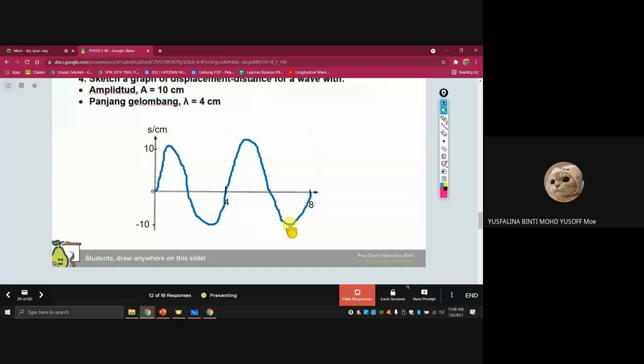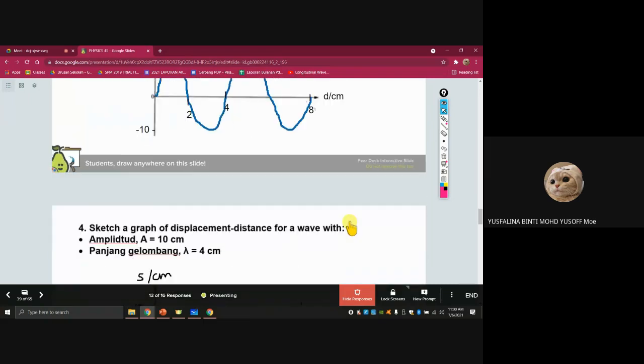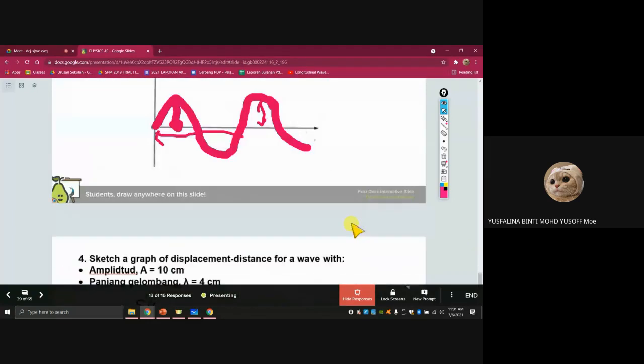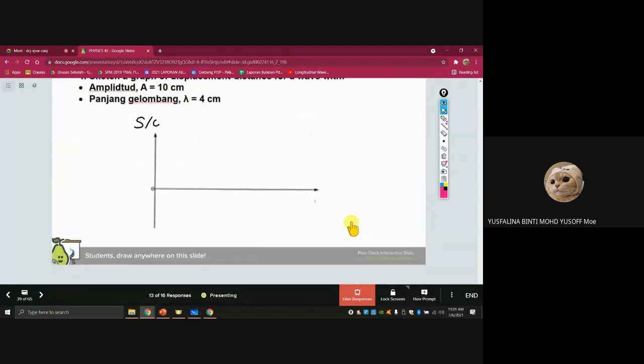You should put the real symbol, because physics has its own symbols. If you put A, if you put X, it is different. In wavelength, S is actually the two consecutive loud sounds for interference. So you should put the correct symbol for each physical quantity. Just don't put any letter that you want. S over cm.